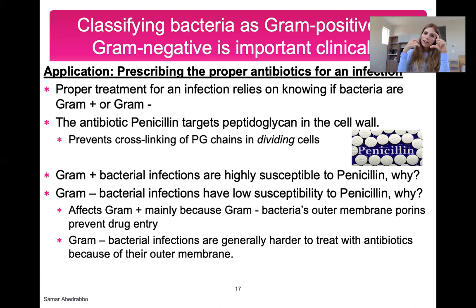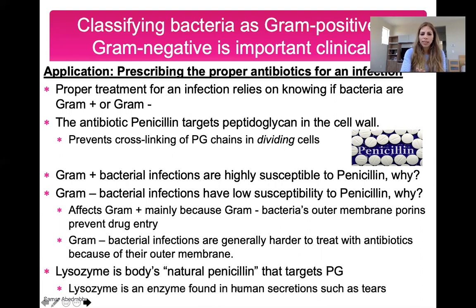So if the antibiotic targets that, then you ultimately can kill the bacteria. Now, gram-negative bacteria have an outer membrane that's outside the thin peptidoglycan layer, so they're not very susceptible to penicillin. So if someone has a gram-negative infection, we do not prescribe penicillin for them. Just to give you some knowledge on why this is important.